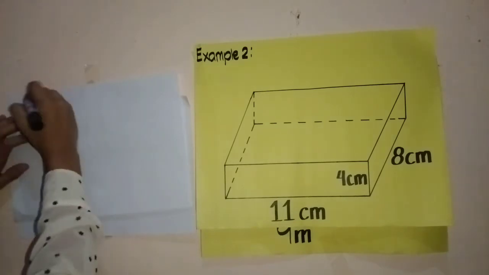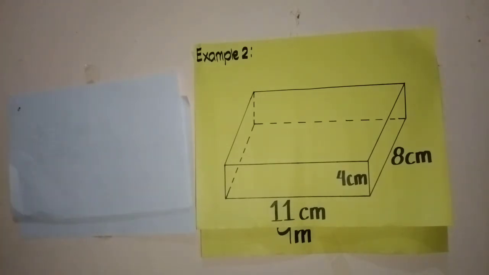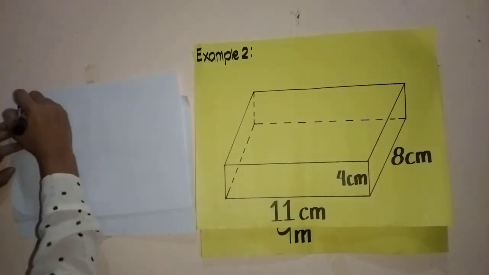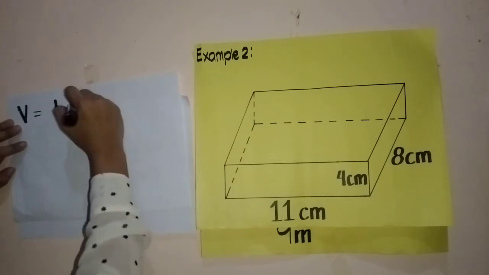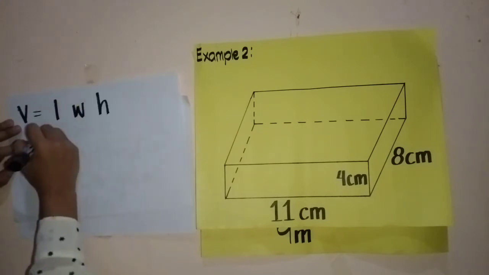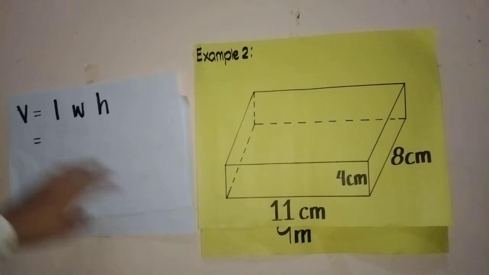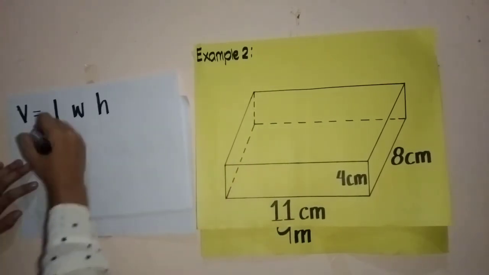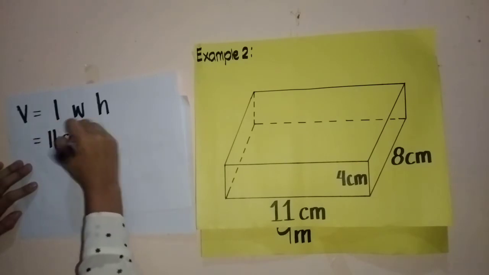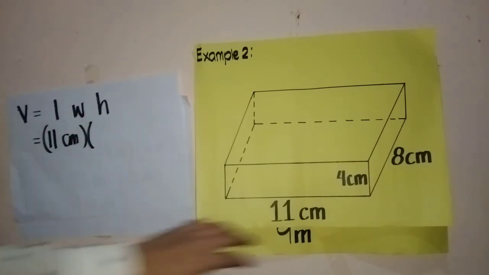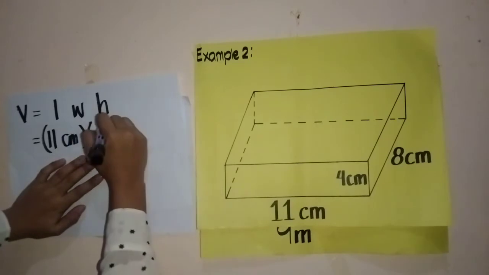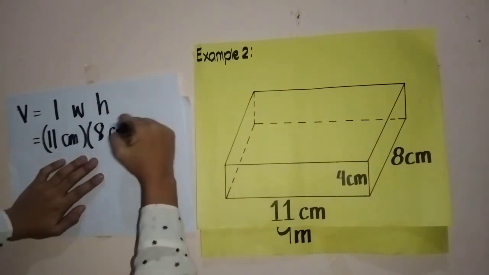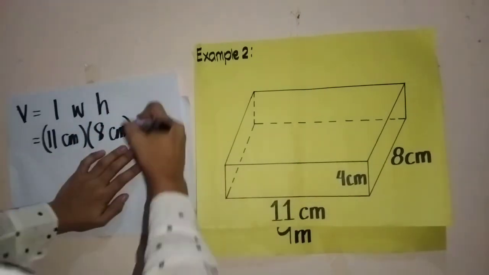So the formula is volume equals length times width times height. The rectangular prism has a length of 11 centimeters, a width of 8 centimeters, and a height of 4 centimeters.